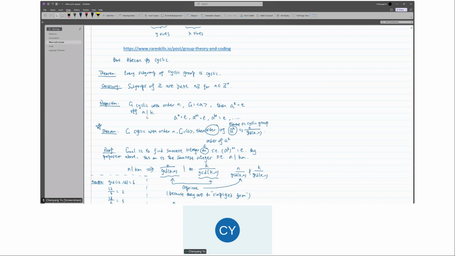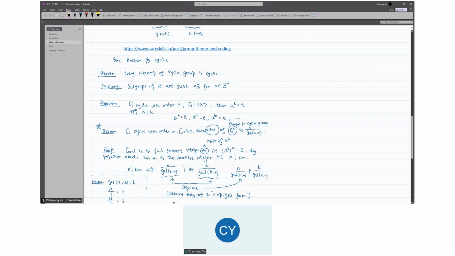So why is it obvious? You have A to the n equals E. Also, you can square that or keep multiplying A to the n to this expression, and you can keep on going. You will have n divides k. So k here is k equals n, k equals 2n, k equals 3n.